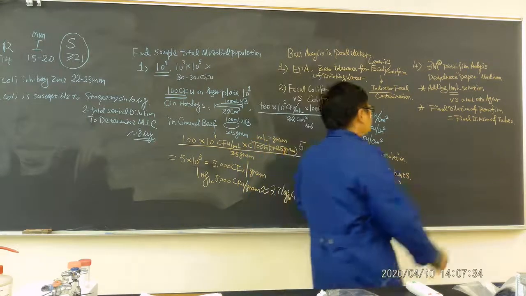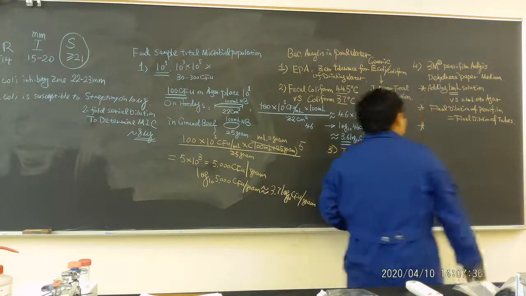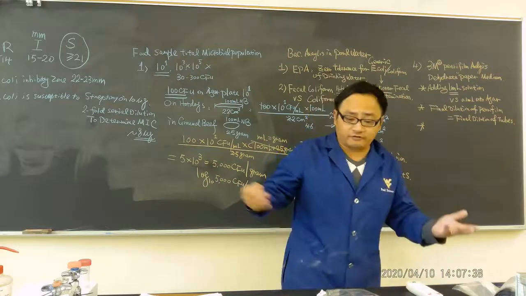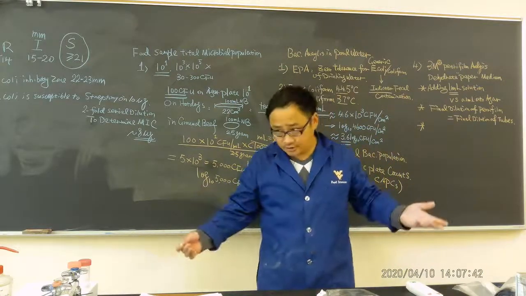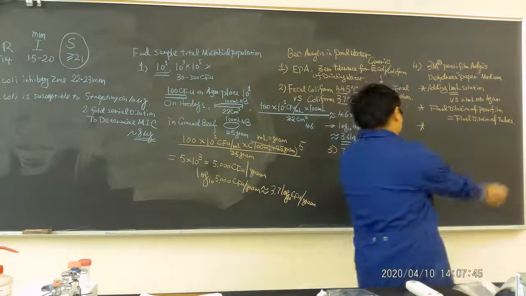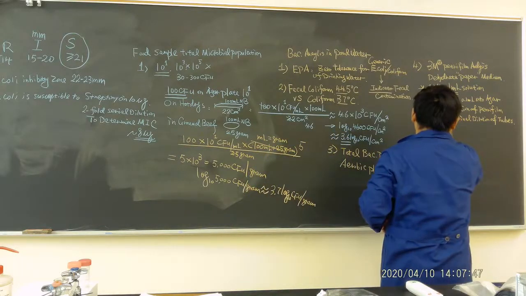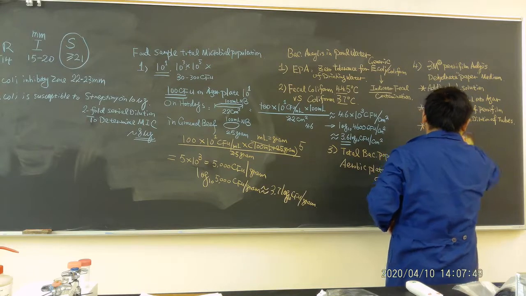Okay? Now the next question will be, how do you know it is a coliform? How do you know it is an E. coli? And how do you know it is an APC? I'm going to show you. APCs are very simple.